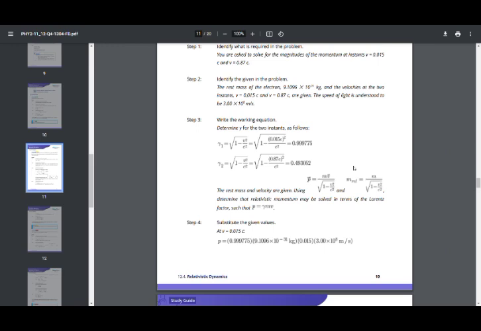So, solve natin yung number 1 muna. Sa step 3 tayo. So, Lorentz factor is equal to square root of 1 minus v squared over c squared.